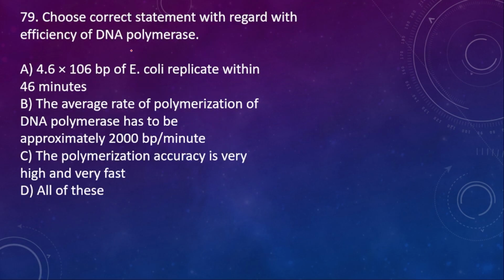Next, choose the correct statement with regard to the efficiency of the DNA polymerase. Option A: 4.6 into 10 to the power of 6 base pair of E. coli replicate within 46 minutes. Correct. The average rate of polymerization of the DNA polymerase has to be approximately 2000 base pair per minute. This is also correct.